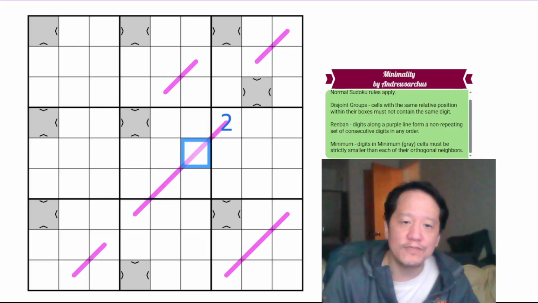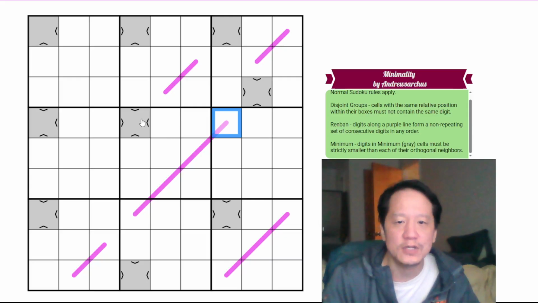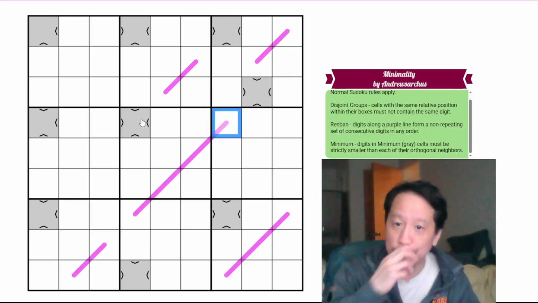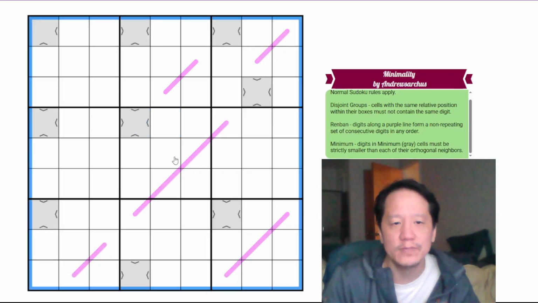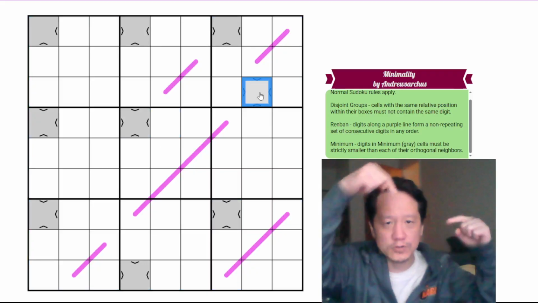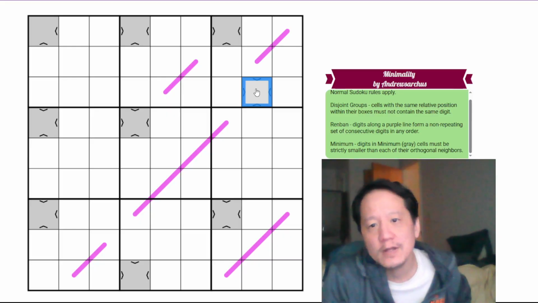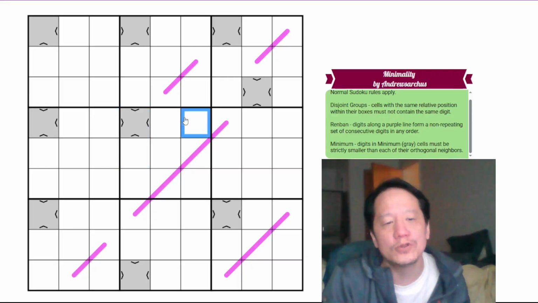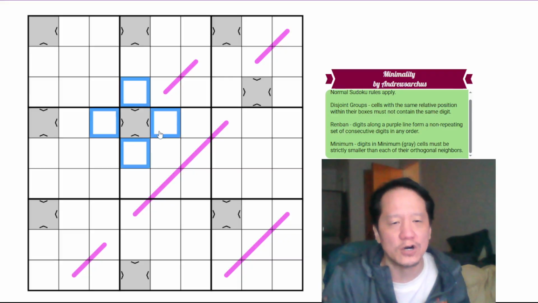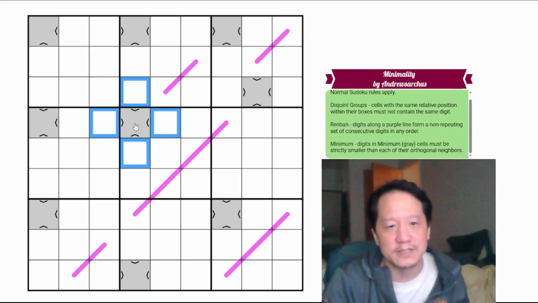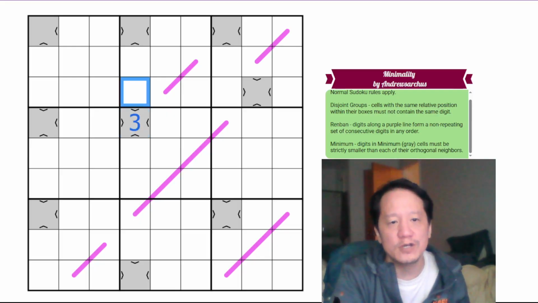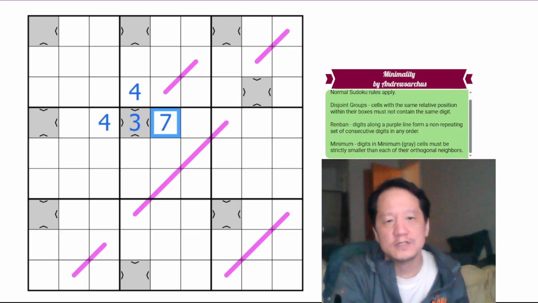We also have minimum, where digits in minimum gray cells must be strictly smaller than each of their orthogonal neighbors, which means that any cell that is a minimum, which are these cells which have arrows pointing inwards, must be less than all the digits which share an edge with it. So as an example, you could have something like, say, 3, 4, 4, 7, and 8.